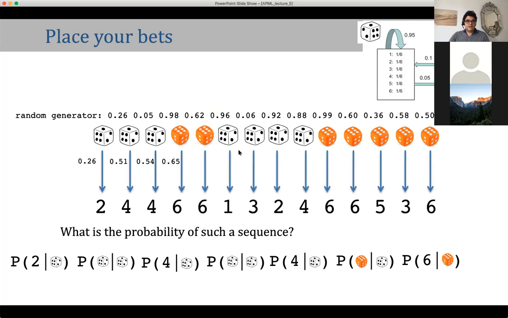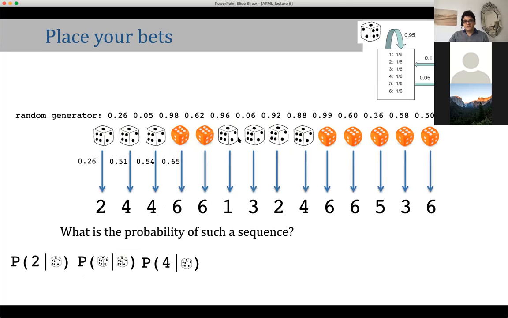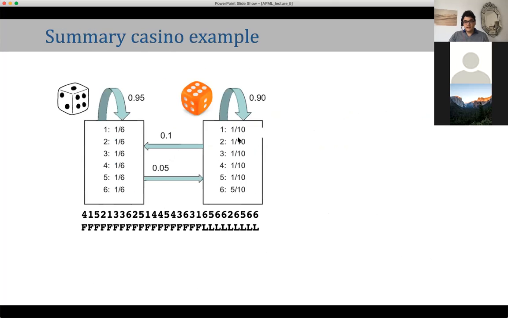If I go back, I should have put it here, sorry. It's this structure of a graph that we put, which tells us exactly that yt just depends on st. This structure will make a huge difference. It will be what makes it possible to factorize the computation for the likelihood.